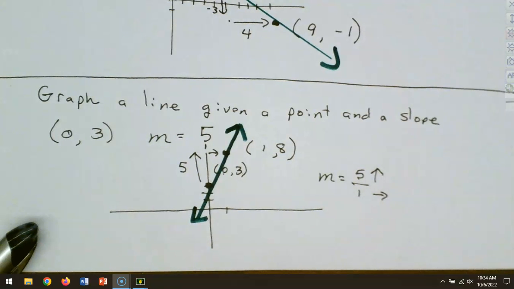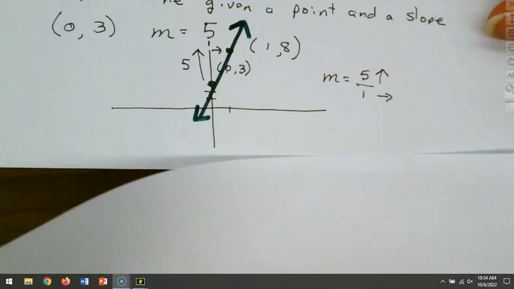Now next, we're going to learn how to find the slope of a line. And the way we find the slope of a line with 2 points is you use this formula. This is going to be our slope formula.